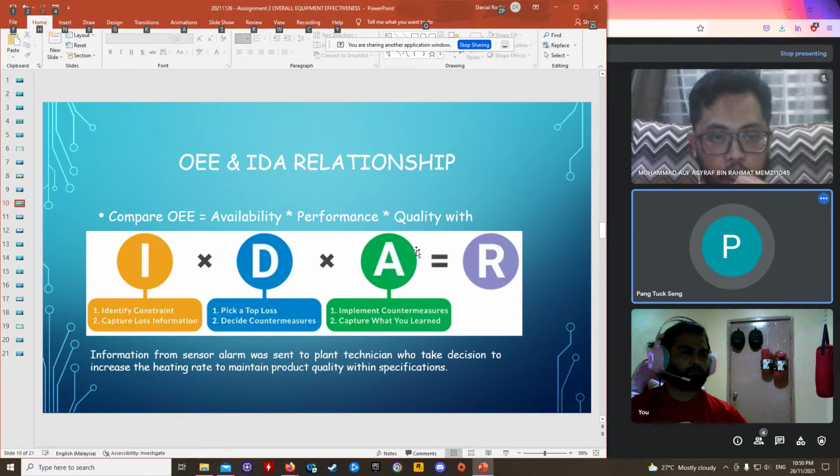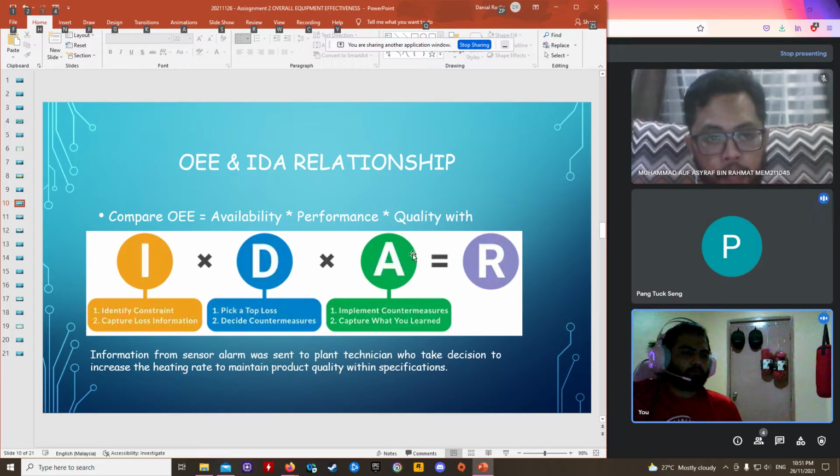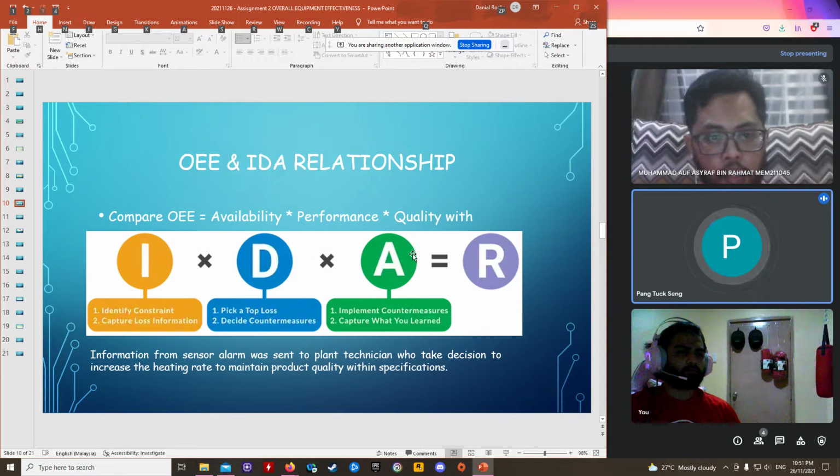OEE and IDA also have a relationship by itself. If we compare OEE as a product multiplication of availability, performance, and quality, the result is equal to information, time, decision, quality. What's information? That is to identify the constraints and losses. Then you capture all the loss information and subsequently pass it down to make a decision to pick up the top loss which contributed to the inefficiency in the process.